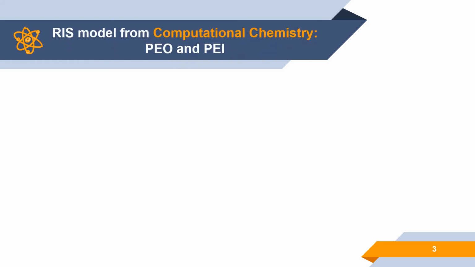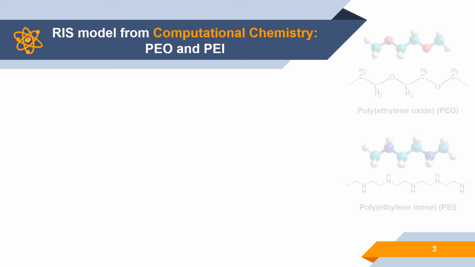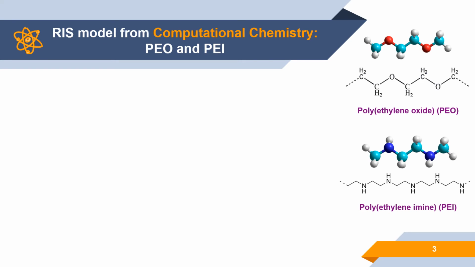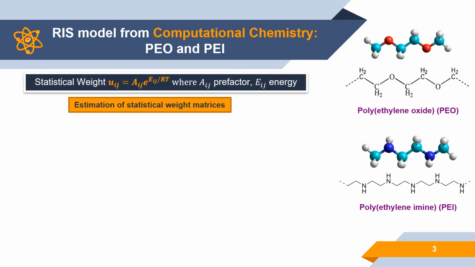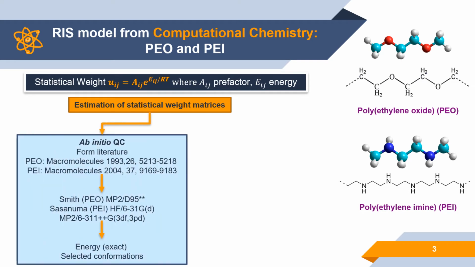The first step of our multiscale simulation starts from the rotational isomeric state or RIS model for these two polymers using both quantum chemistry and molecular mechanics calculation. For the first approach, we start from the refinement of the original RIS model for PO and PI from ab initio quantum chemistry by neglecting the third-order interaction, and then reduce the original 9x9 statistical weight to 3x3 dimension.